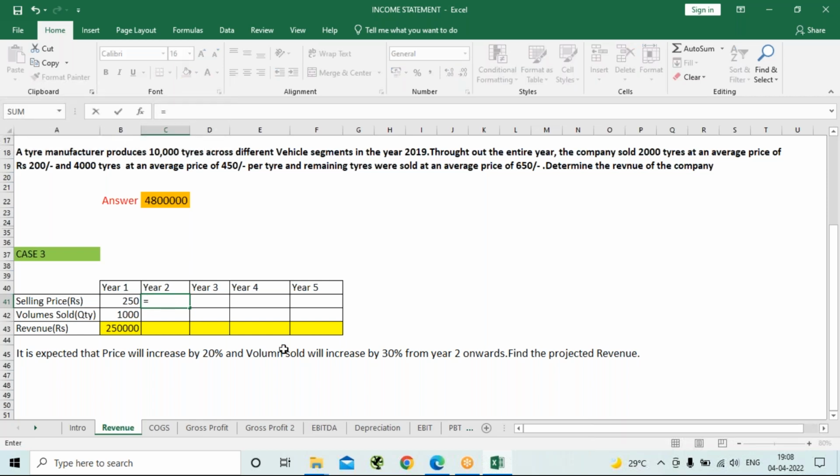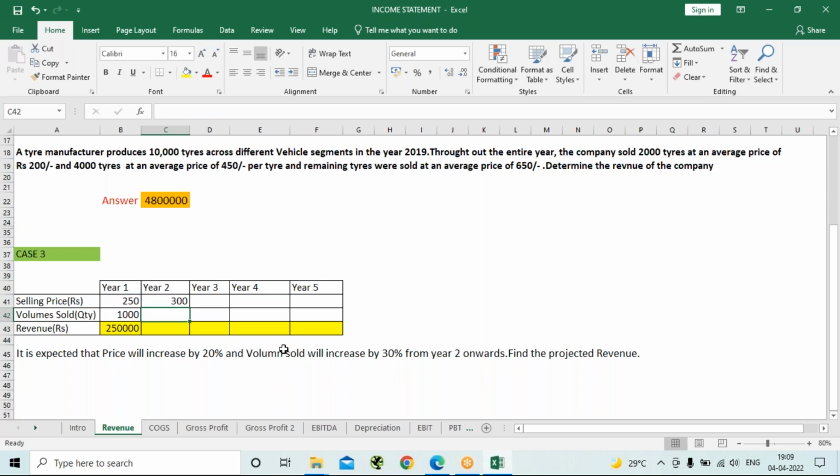It will be equal to, I'll select the previous cell plus, again select the previous cell. Why? Because it is not only an increment of 20% on the 250, it is included with the previous existing value. That means 250 plus 50. To calculate that, first I take 250 plus 250 into 20%. So this is how the calculation works.